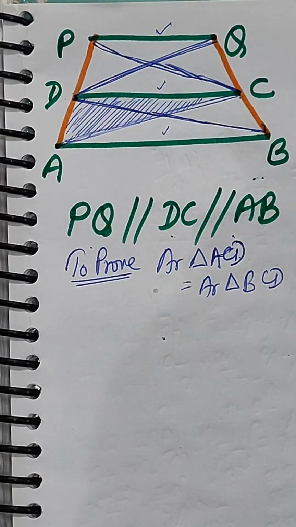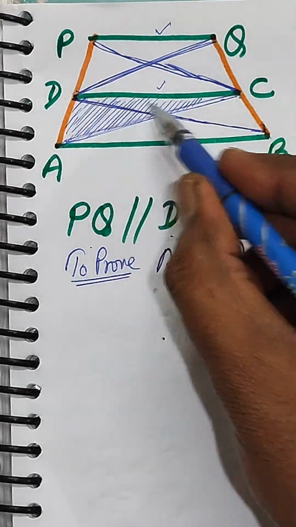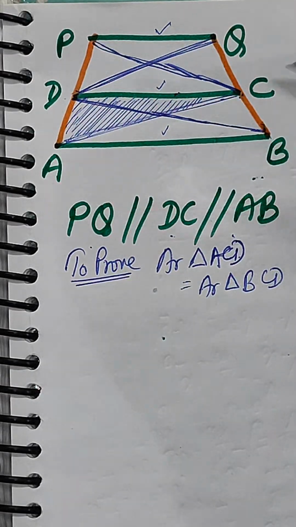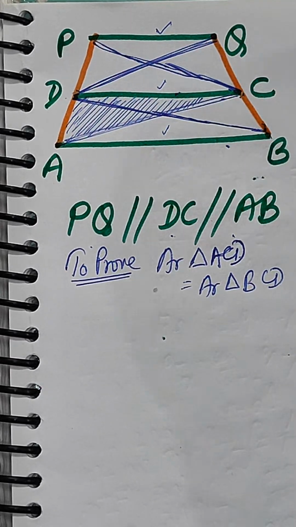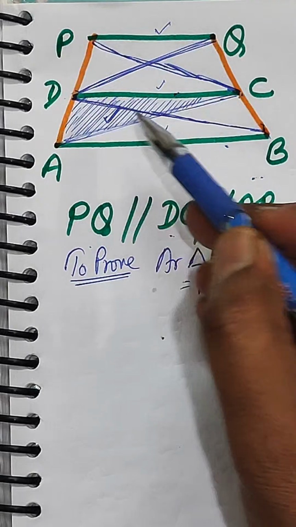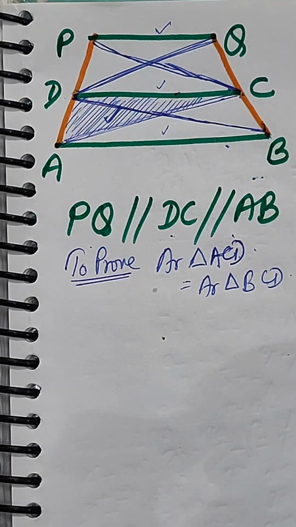So my dear friends, if you remember, triangles on the same base and between the same parallels are equal in area. So here ACD and BCD are on the same base DC, or CD, and between the same parallels CD and AB. So in this case, the area of triangle ACD, which I have shown in the shaded color, should be equal to the area of triangle BCD.